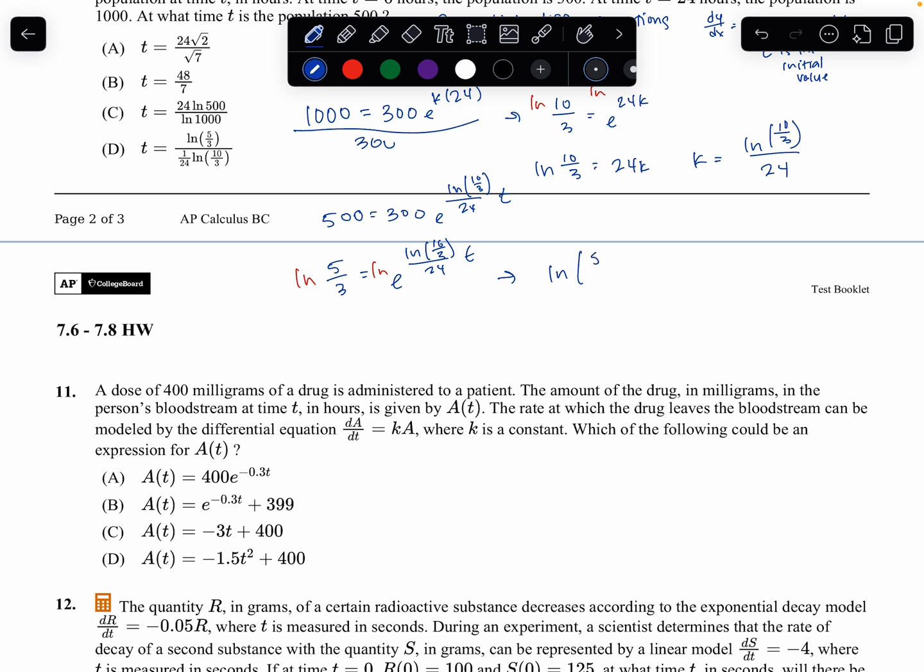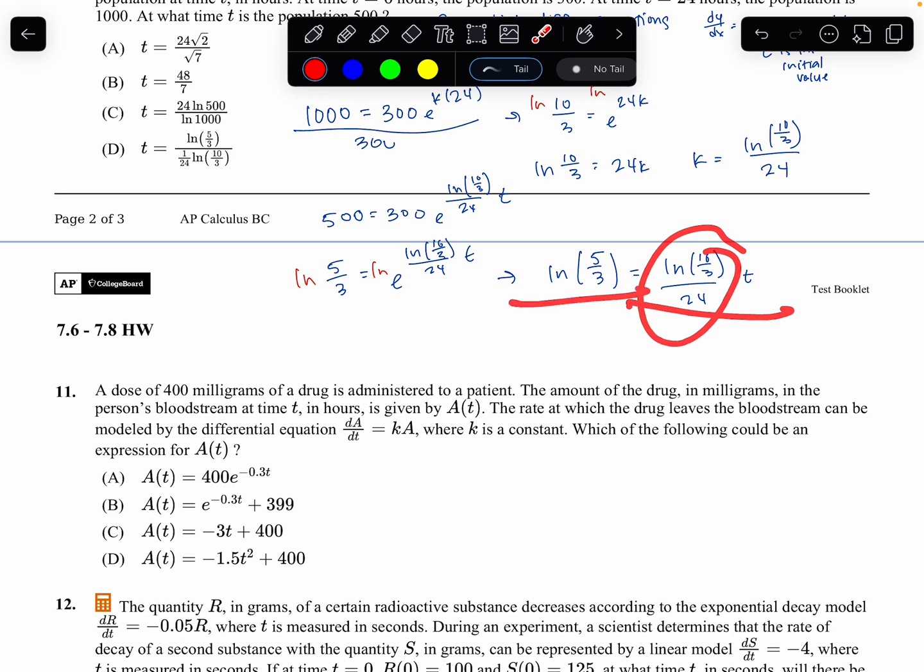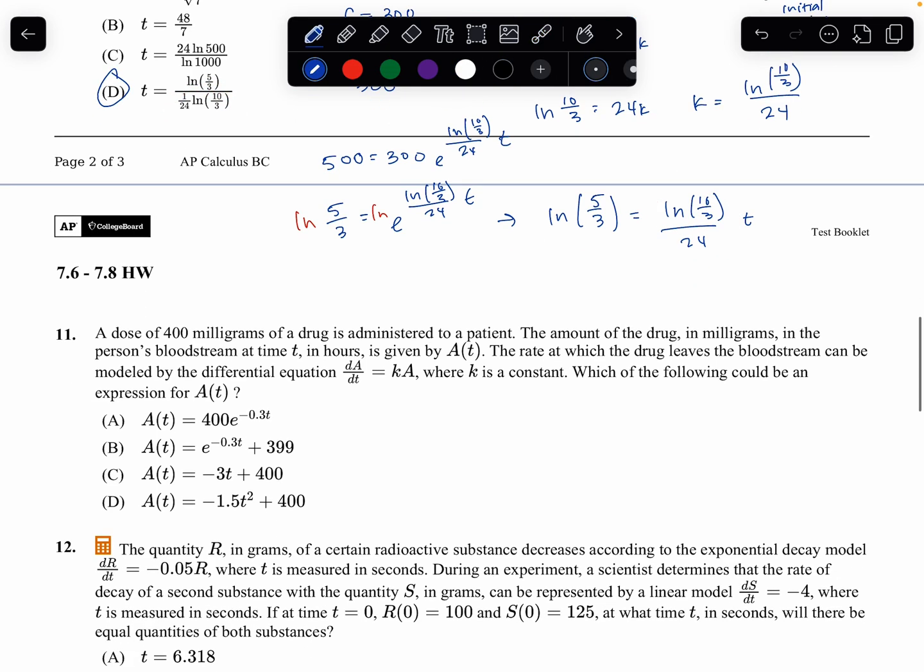So 5 thirds, and then that's going to be equal to the natural log of 10 over 3 divided by 24, times t. And there you go. You'll divide by all of this right here, which is why you have that all in the denominator there. So it's going to be D.